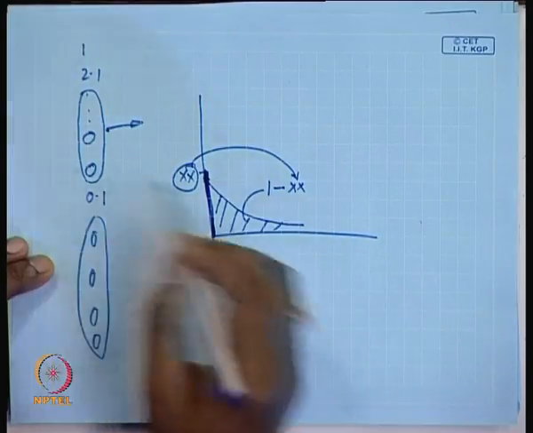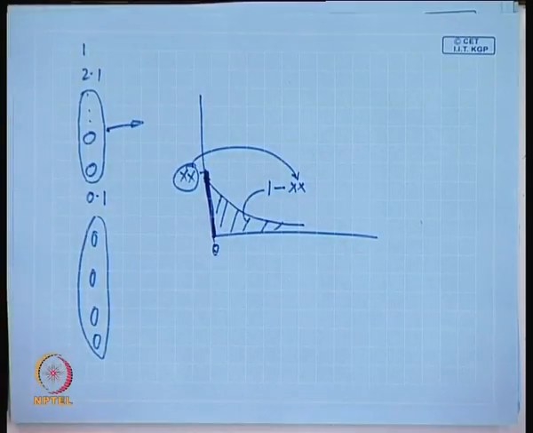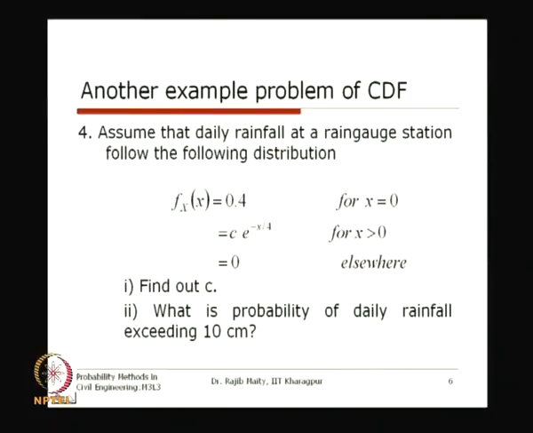This example we have just considered: F_X equals, here you see that 40% probability is concentrated at x equals 0. Now for x greater than 0, the CDF is c e to the power minus x by 4, and elsewhere it is 0, that is from minus infinity to less than 0, this value is 0.